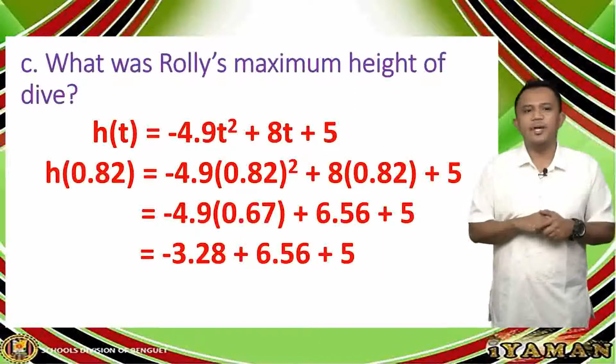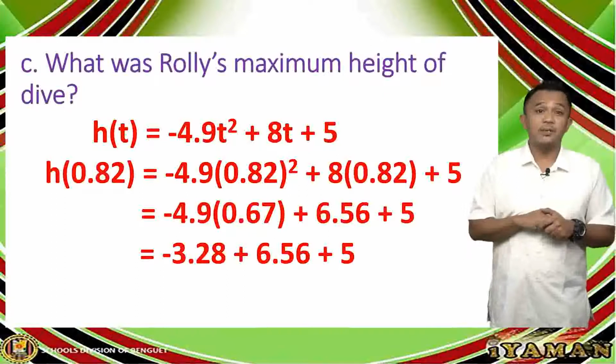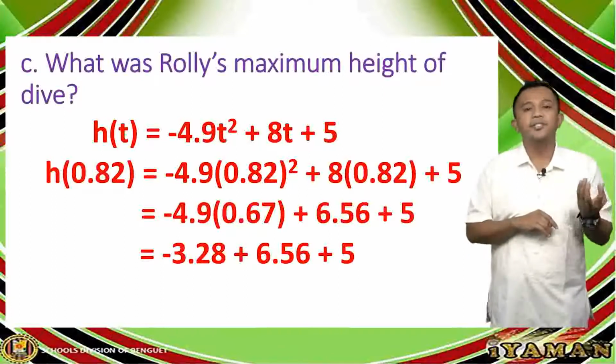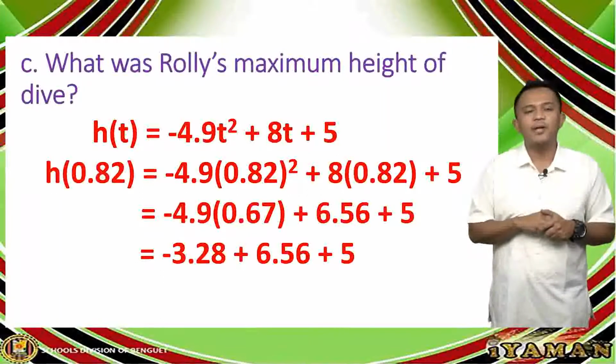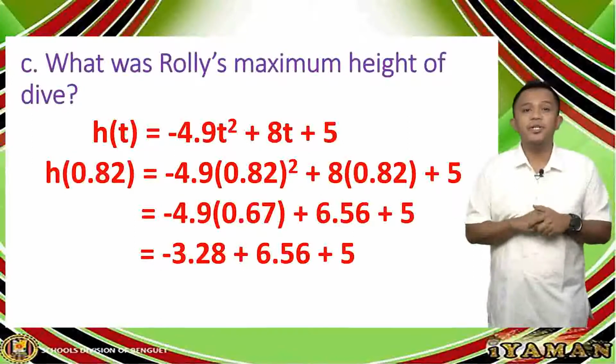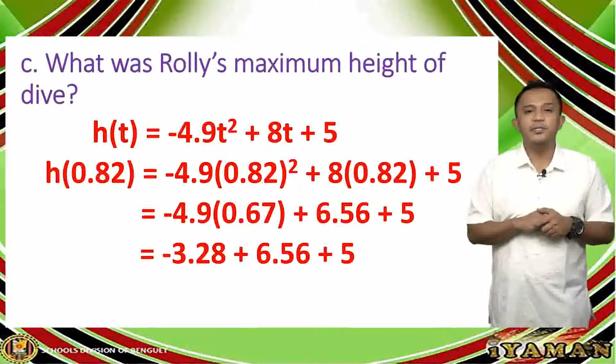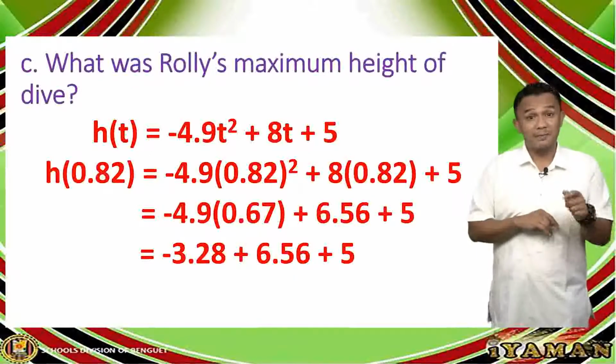To continue, we have h of t is equal to negative 4.9 t squared plus 8t plus 5, and by substituting 0.82 for t, it will become h of 0.82 is equal to negative 4.9 times the quantity 0.82 squared plus 8 times 0.82 plus 5.